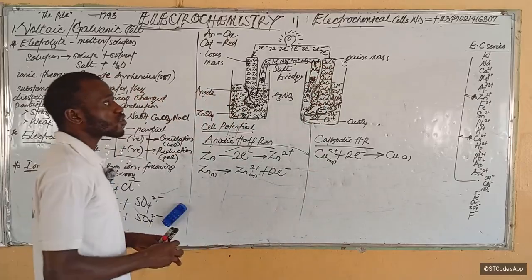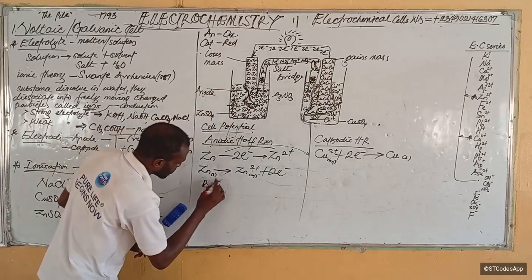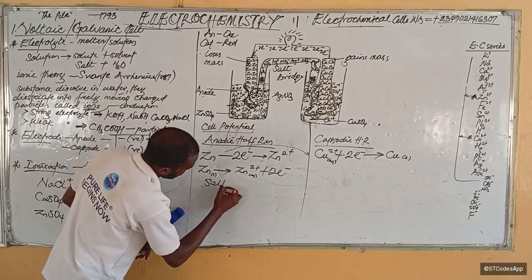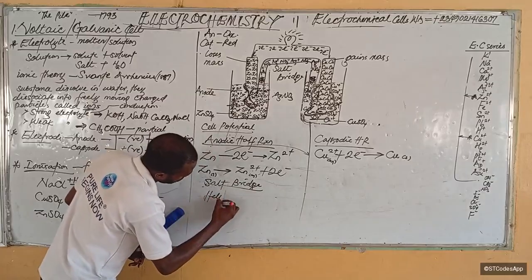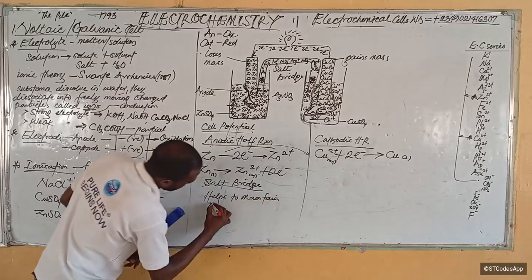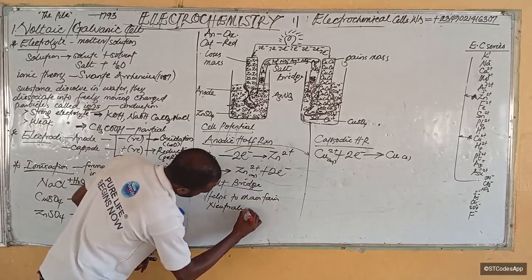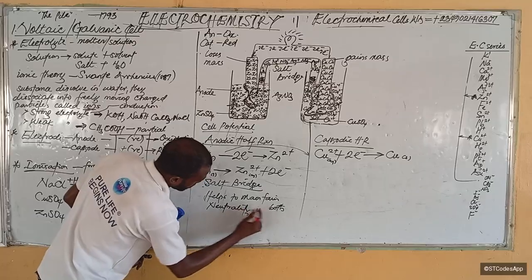Now, what does that salt bridge do? The salt bridge helps to maintain neutrality on both sides, in both cells.